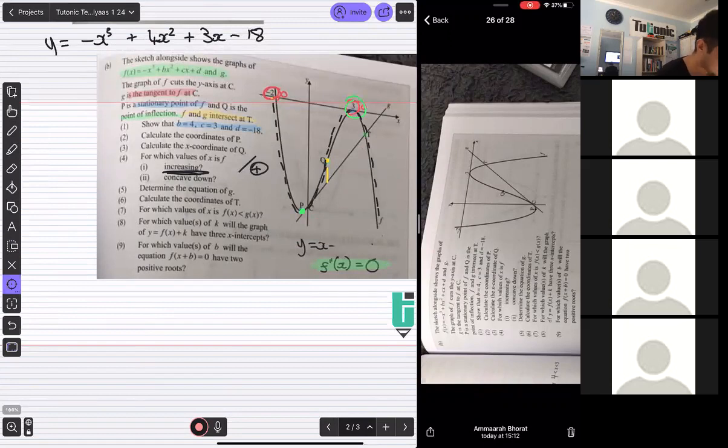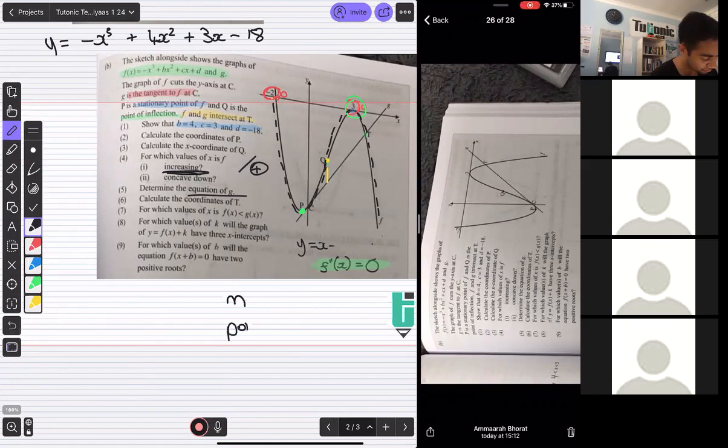So if they want you to work out the equation of a straight line, what do you need? You need a gradient, you need a point. How would you work out the gradient of the straight line or the tangent?